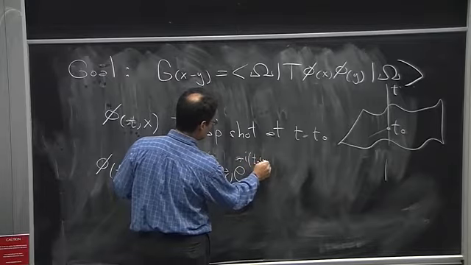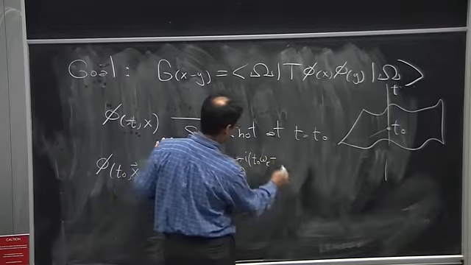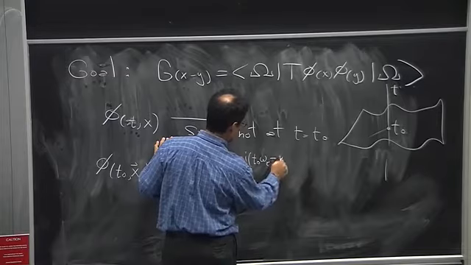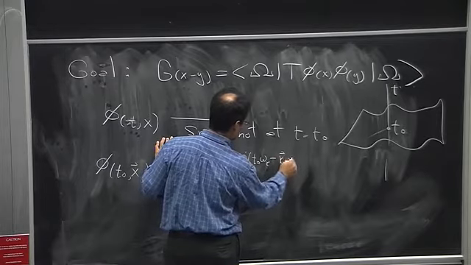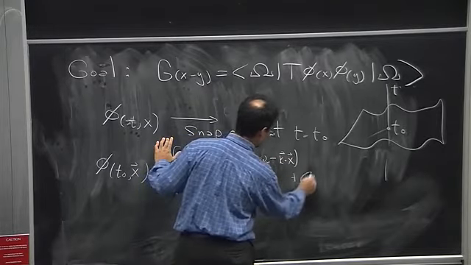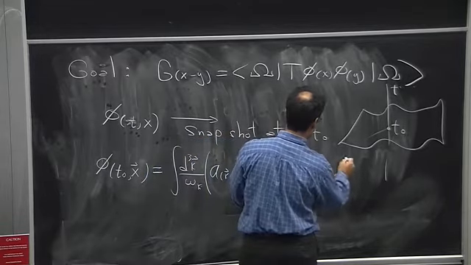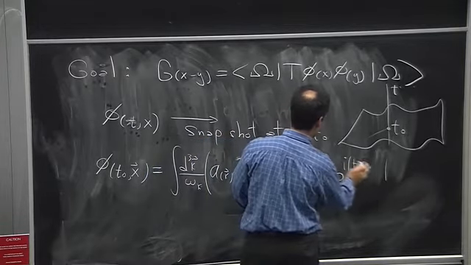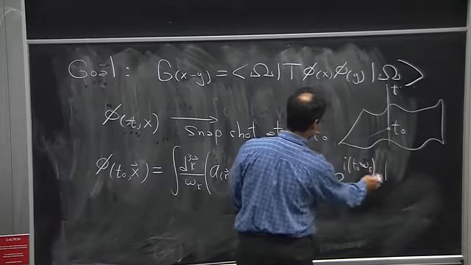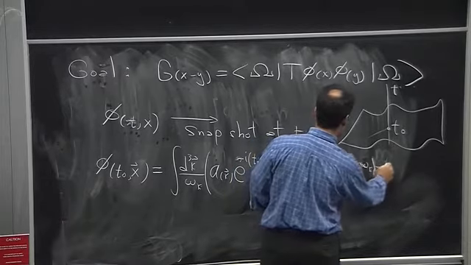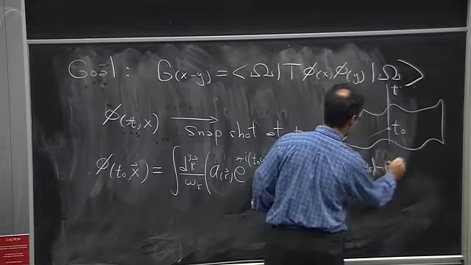T0 omega k minus k dot x plus a dagger k e to the I T0 omega k minus k dot x.